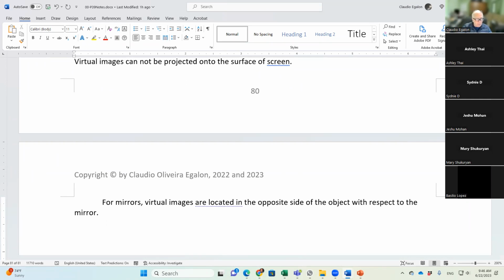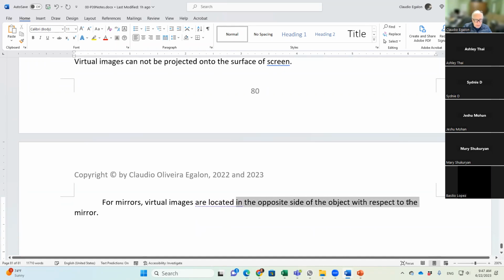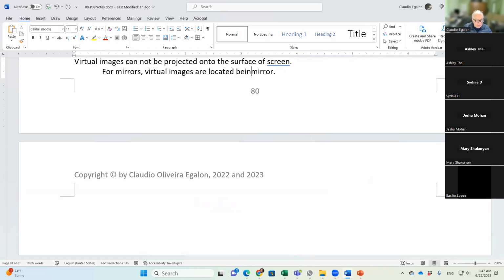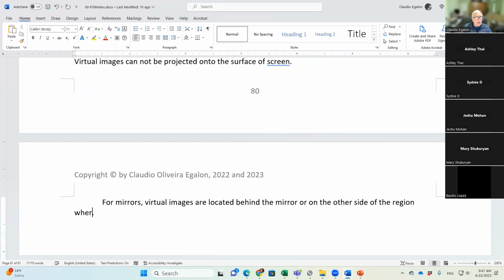Virtual images are located on the opposite side of the object. Let's put it: behind the mirror, or on the other side of the region where the object is located.